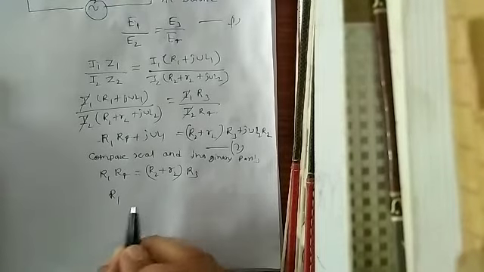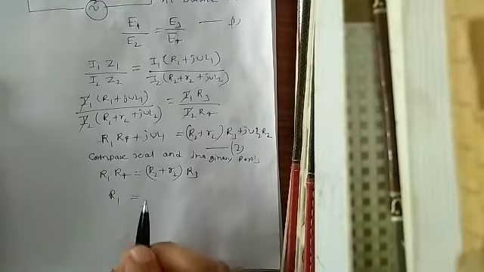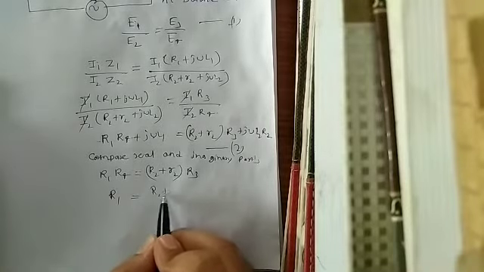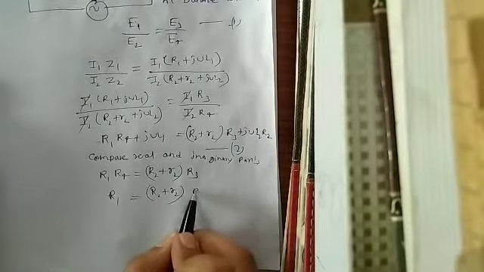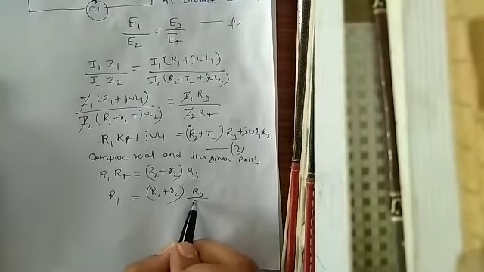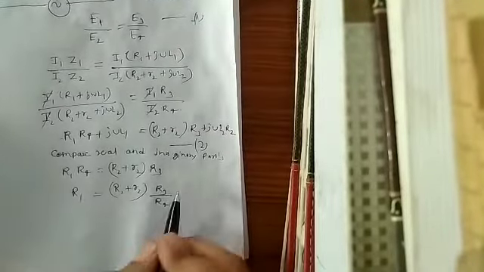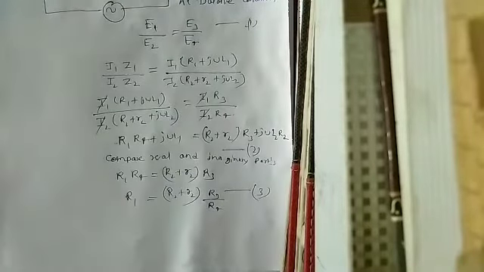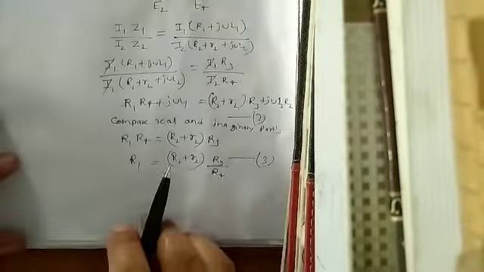Hence we get the value of R1, which is equal to R2 into R3 upon R4. This is our equation number 3. With the help of equation number 3, we can find the value of unknown resistance.